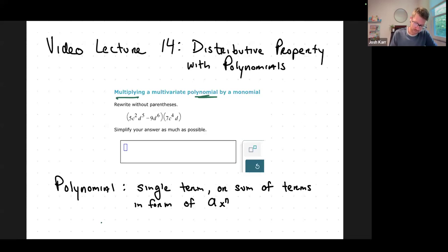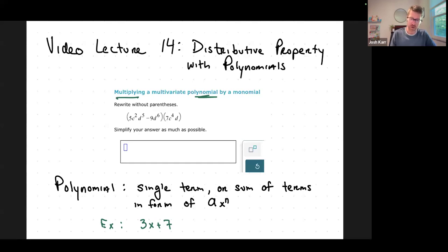When we were doing lines, we wrote mx plus b. If I wrote 3x plus 7, that is actually a polynomial because it takes this form. It has a 3 as a coefficient, x to the first power, and this 7 is a constant term. It's a coefficient of 7, and it has x to the 0 as the power of x there.